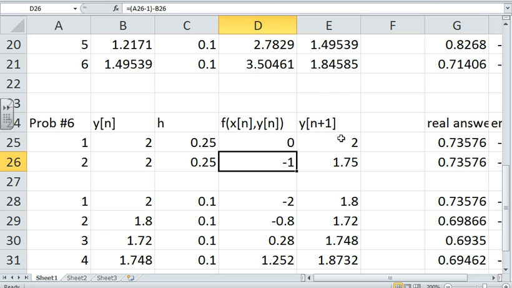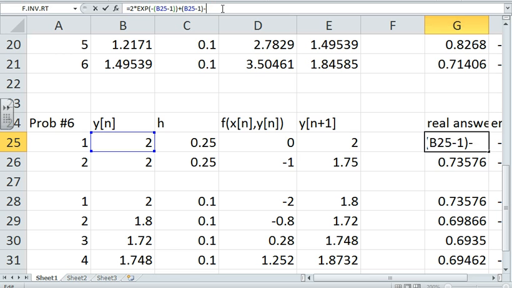And my E guy is that guy, which is going to be B25 plus C25 times D25, right? And then my real answer to the problem is 2e to the minus x squared. So I have 2e to the minus 2, raised to the squared, close parentheses.